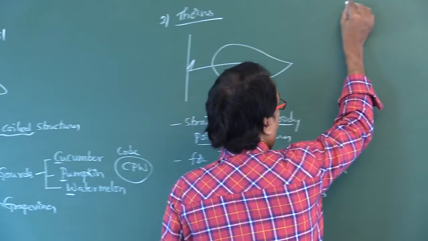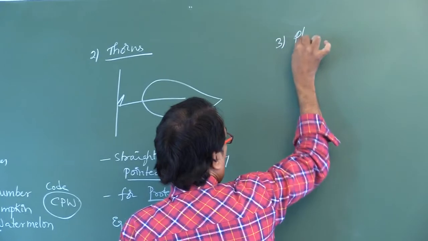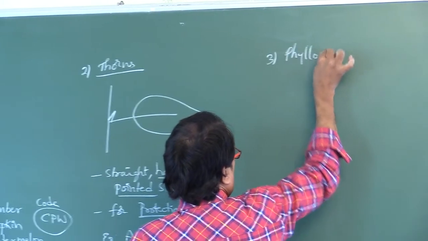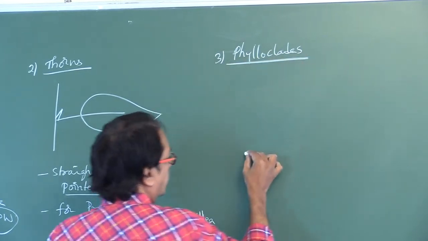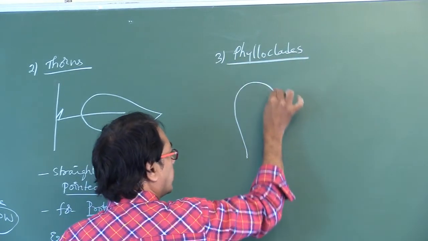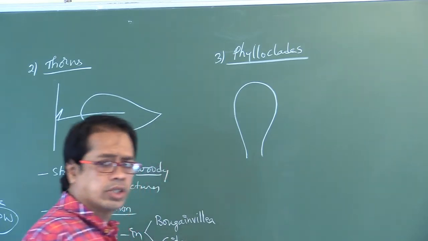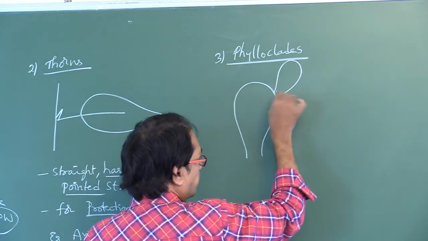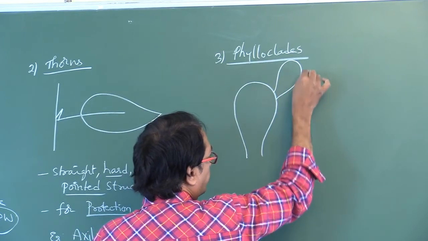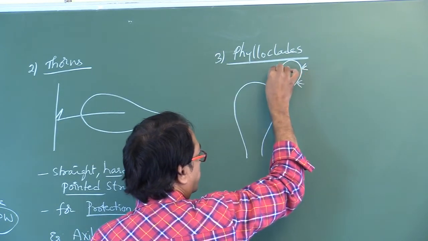Next modification is phylloclades. If you observe this diagram, this is the stem. This stem produces branches. Here the leaves are modified into spines.